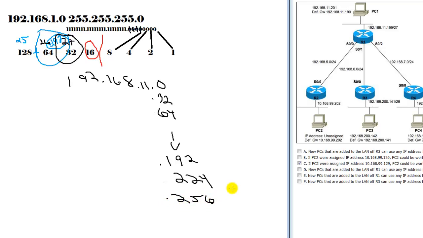Sorry for the sloppy writing, I'm using a mouse. Okay, so you figured out the network setup for this LAN up here. So, judging by the IP address 199, you know that they're in this network right here.